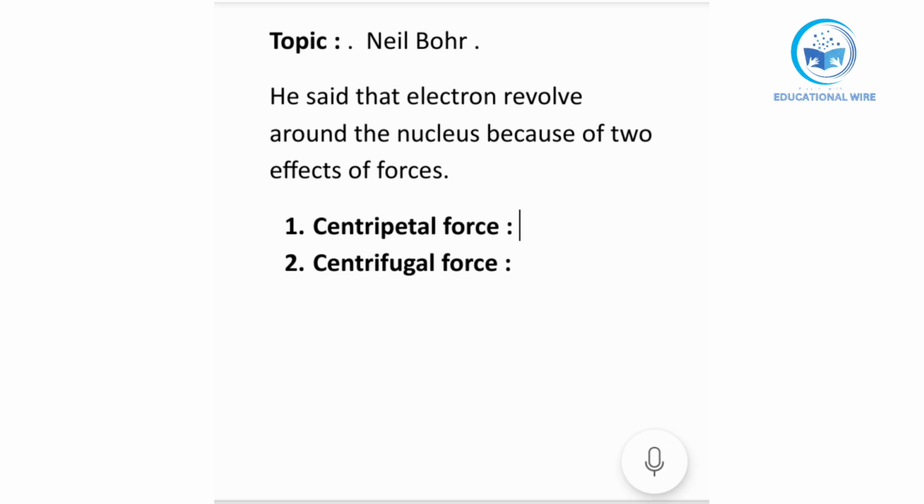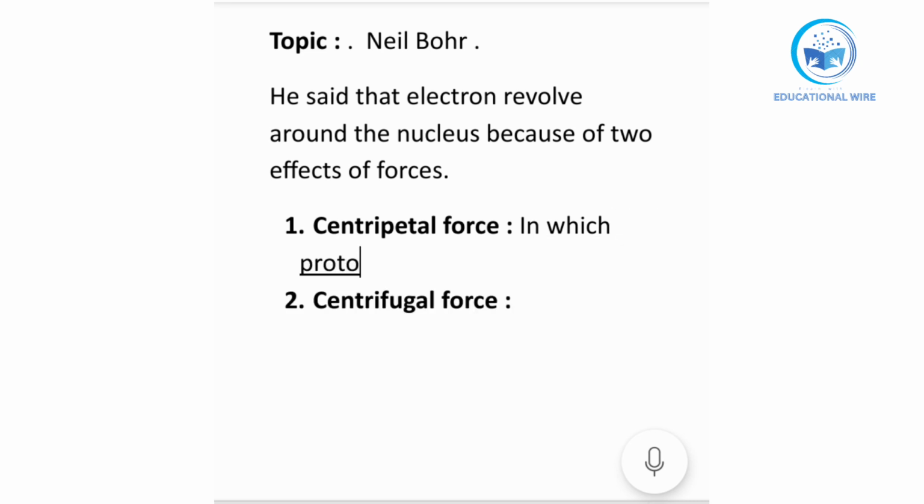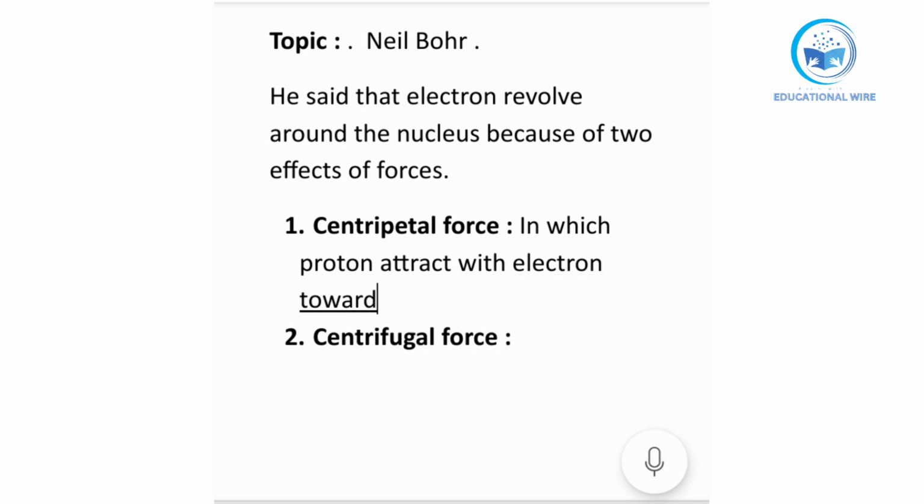So we can write over here, according to this theory, that centripetal force is when the proton attracts the electron towards itself.